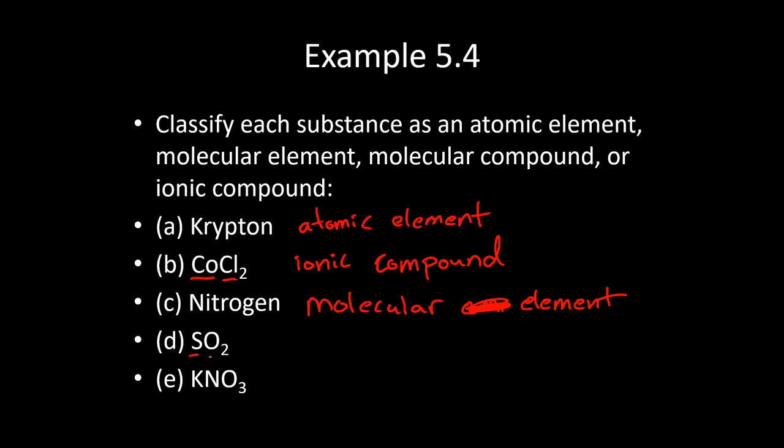Sulfur is a nonmetal. Oxygen is a nonmetal. So this would be a molecular compound. And then the last one here, we have nitrogen and oxygen, which are both non-metals, but potassium is a metal. And so this would also be an ionic compound.